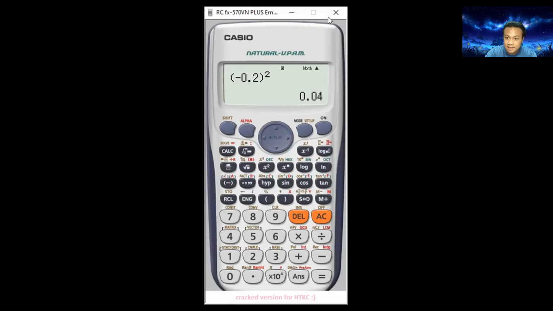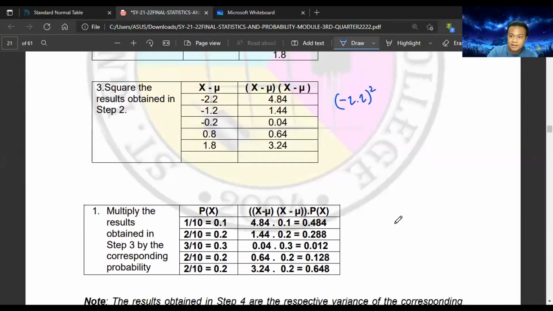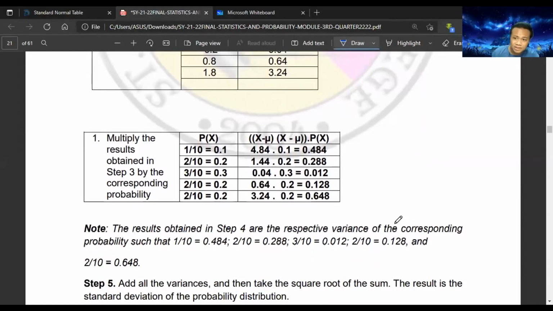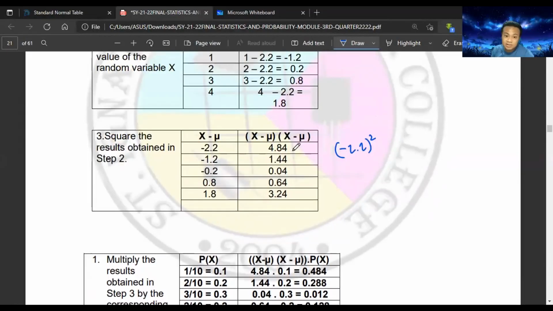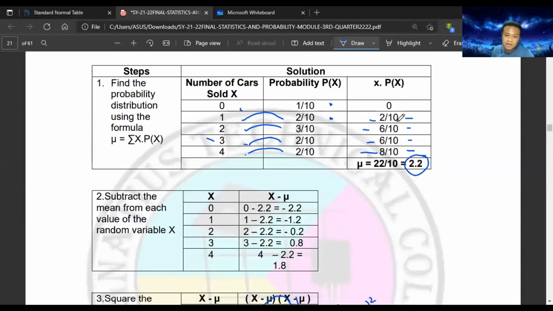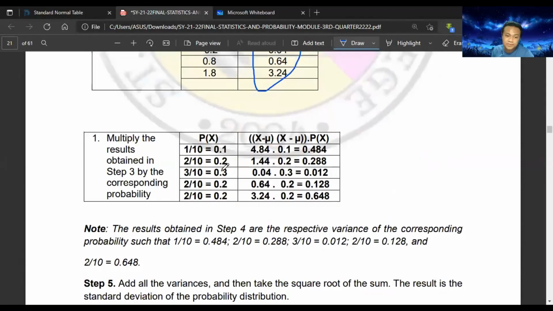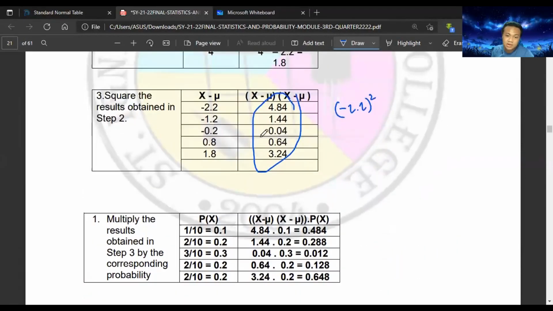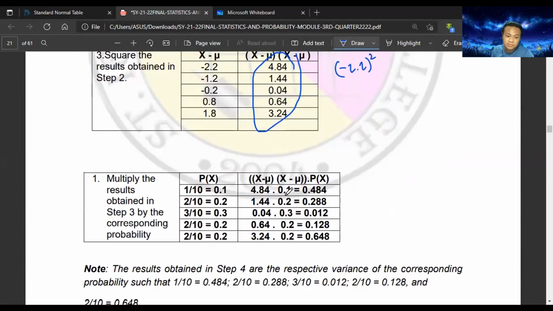After you've gotten these values, you will now multiply the results by the probability, the probabilities that we got earlier. So 0.1, it just moves the decimal to the left.